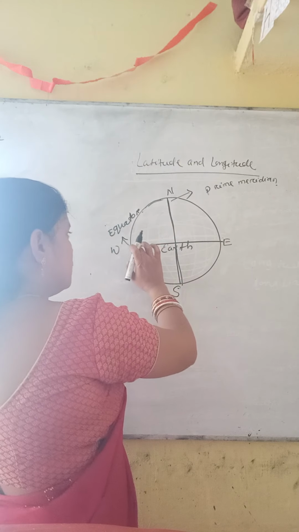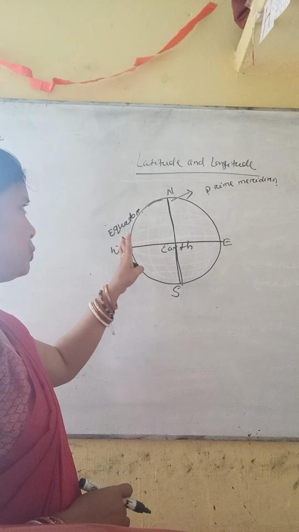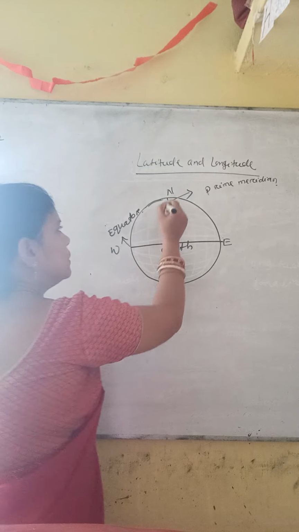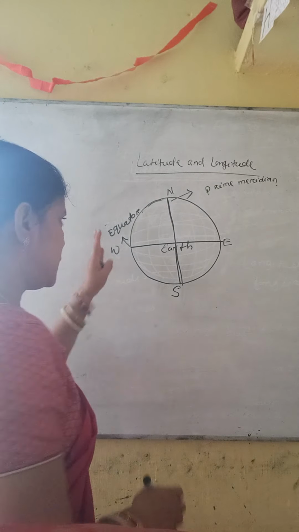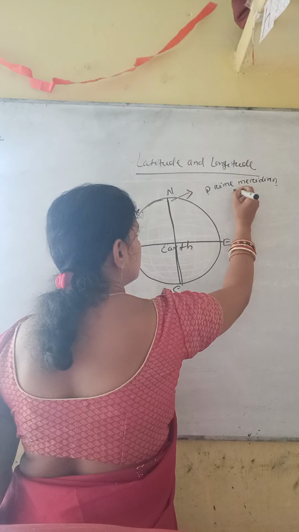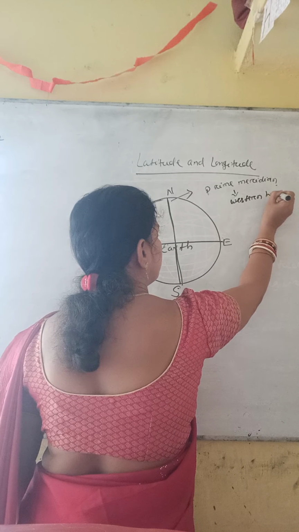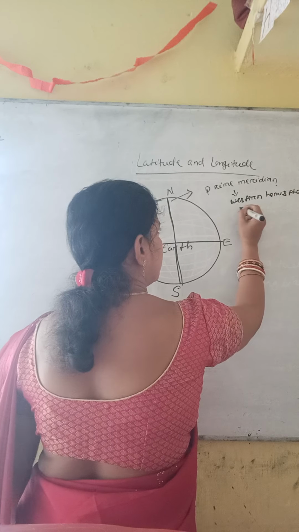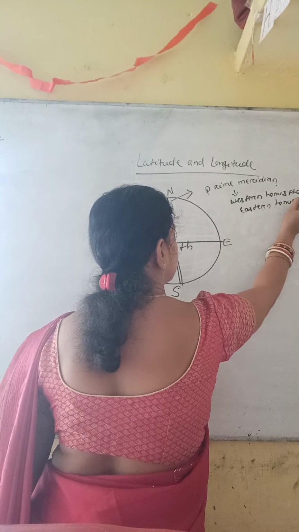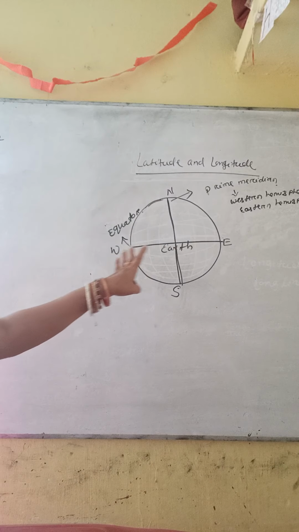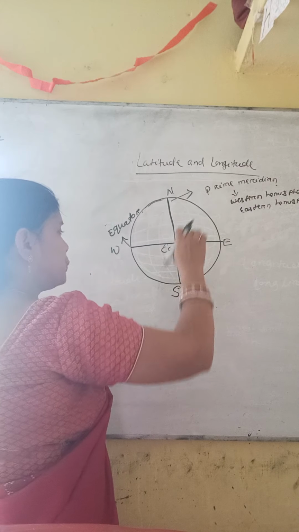The prime meridian divides the earth into two equal halves: the western hemisphere and the eastern hemisphere.